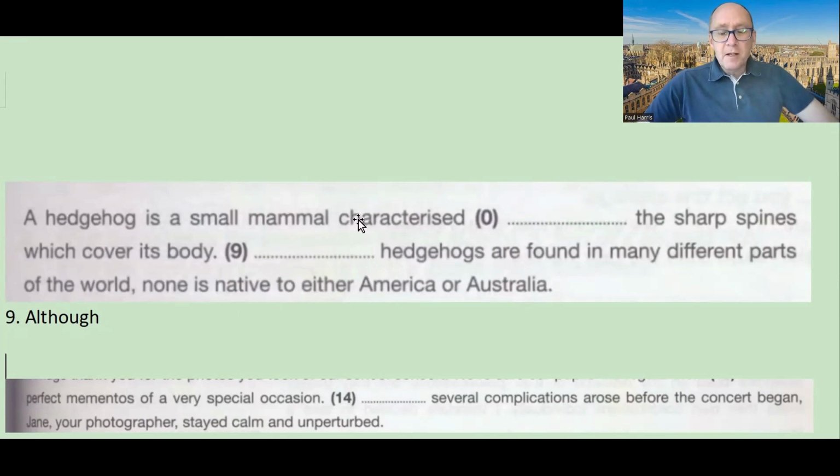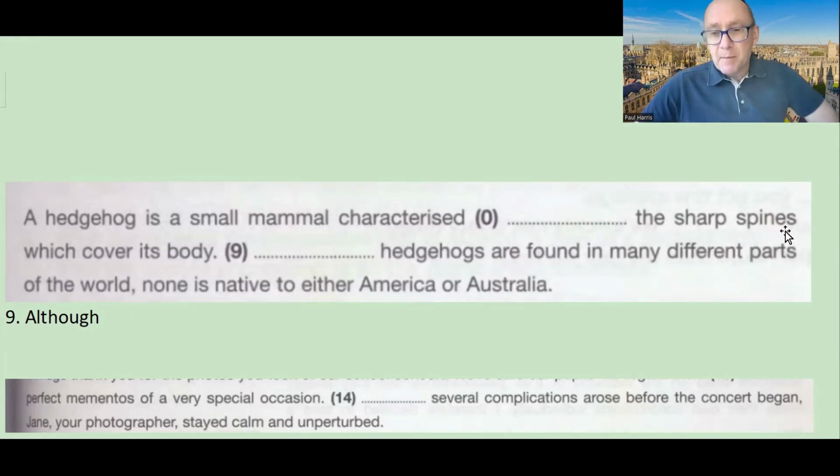So here we can see we have a text about hedgehogs. It's a small mammal, sharp spines, etc. And it's the answer here for number 9, which gives you the contrasting element of these two clauses. So you've got the first clause saying that it's found in many different parts of the world, and then the second clause saying that it is not native to these two particular parts of the world.